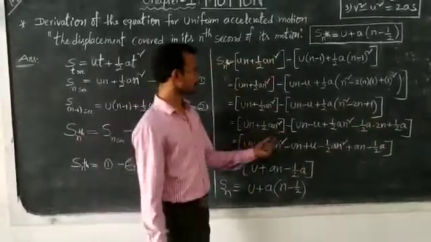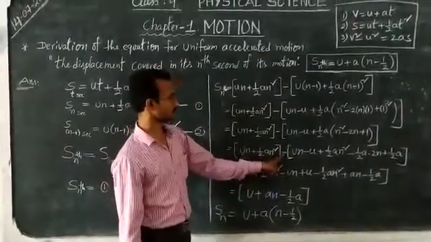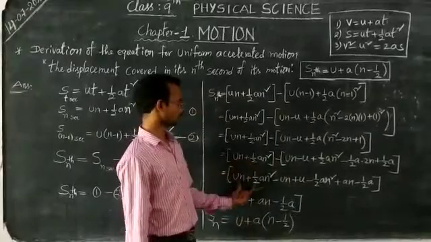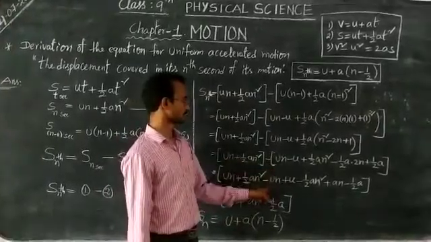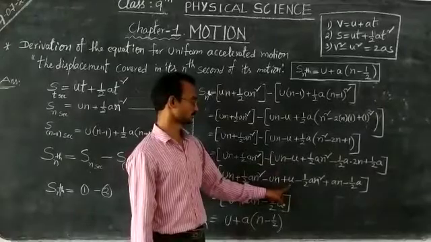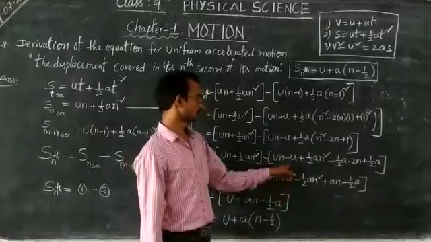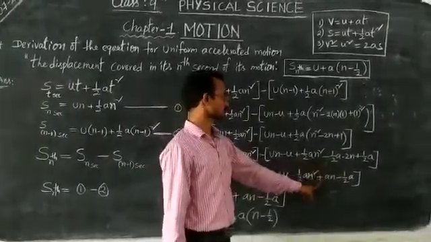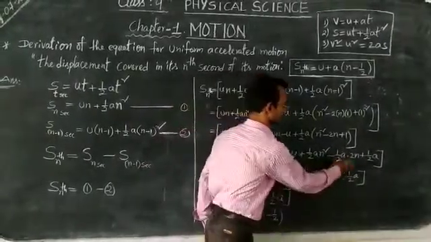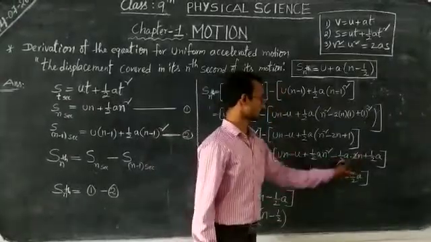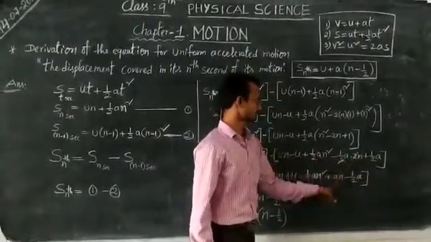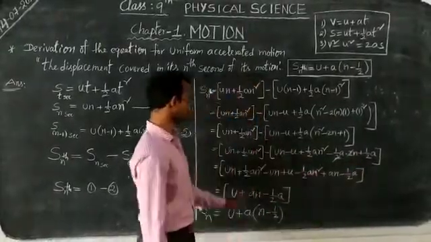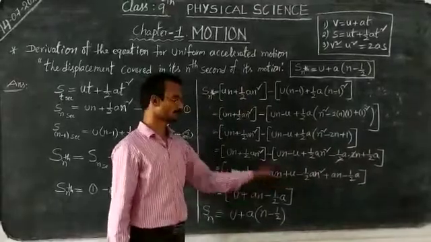Now, for further simplification, I am multiplying the entire equation with the minus sign. The 2 gets cancelled here, so that an remains, and minus half a. This is the final simplification.